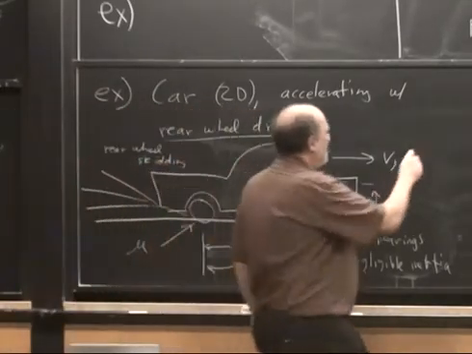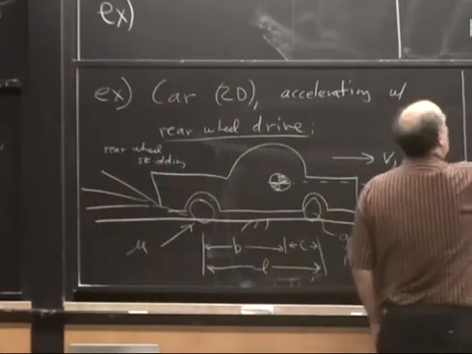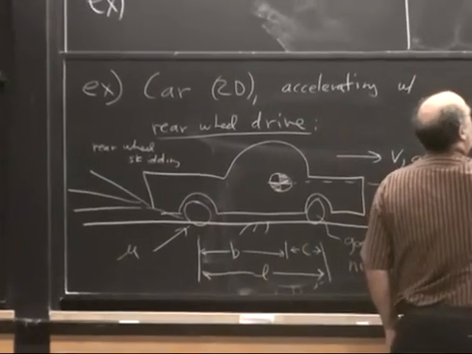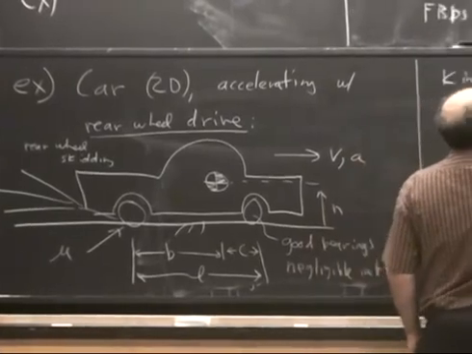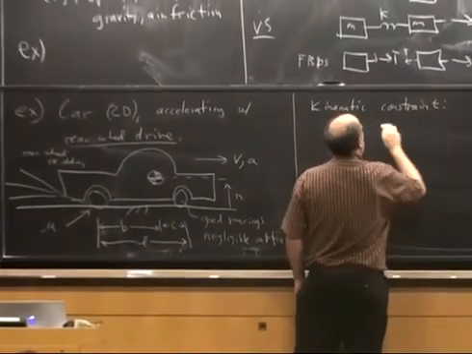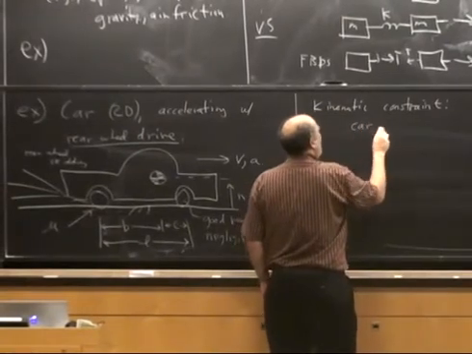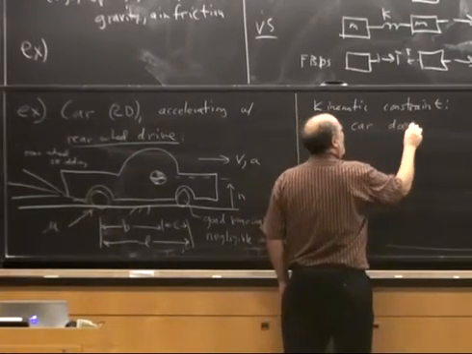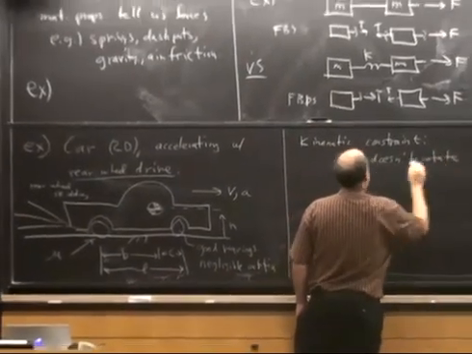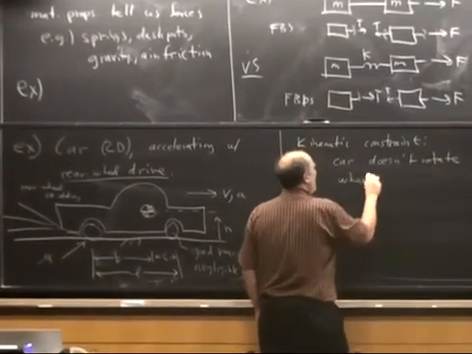Now, I can assume more things. So this will be like a kinematic constraint. And it's not a real constraint. It's just one that we use to make the problem understandable, that the car has a stiff suspension. So we say the car doesn't rotate, and the wheels stay on the ground.